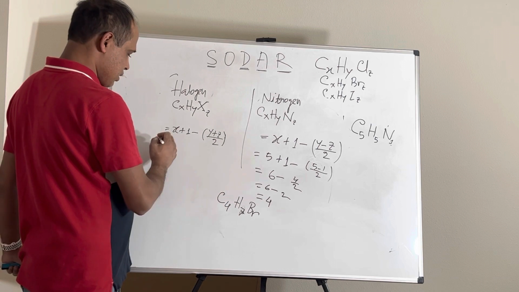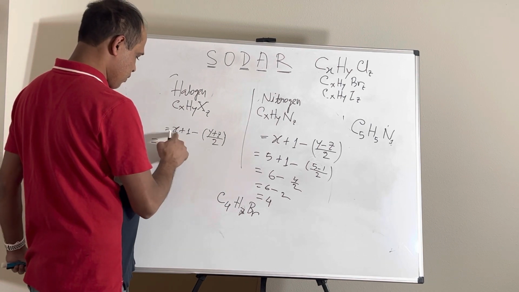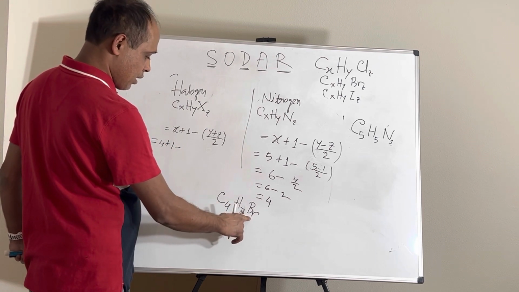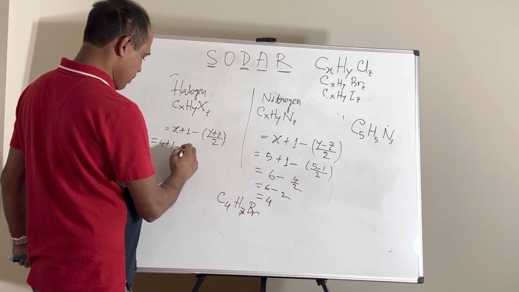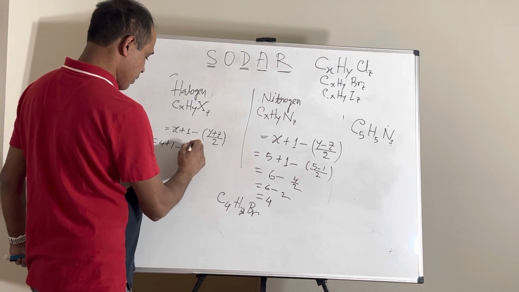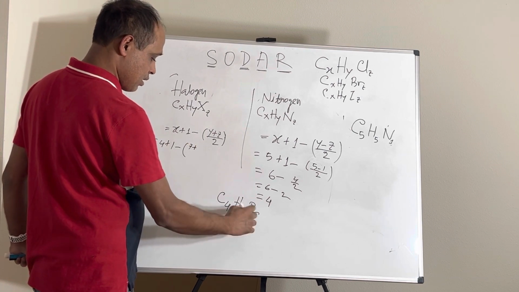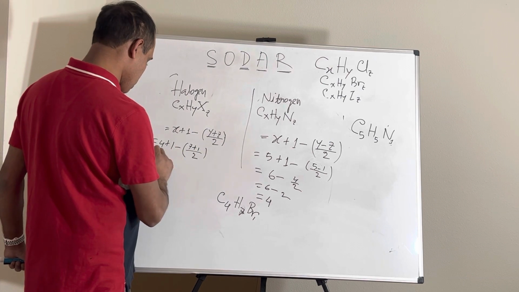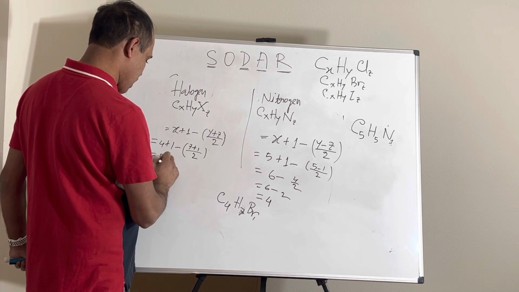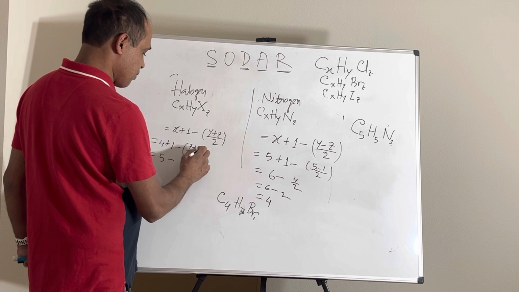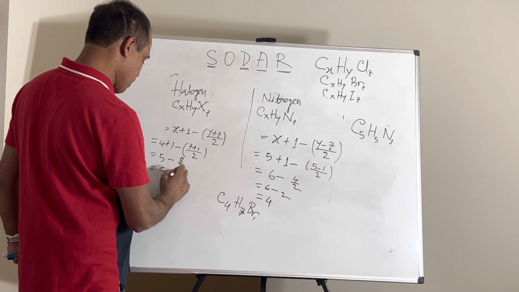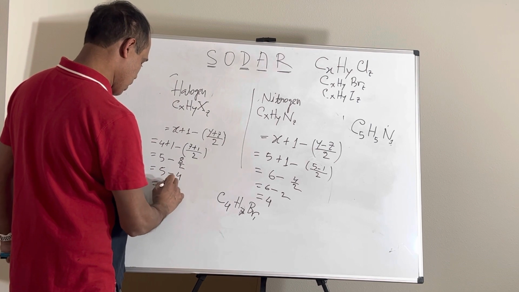Okay, for this, X value is 4, so 4 plus 1 minus, it will be Y plus Z, so Y is 7 plus Z means like here is 1, so 1 divided by 2, so 4 plus 1 is 5 minus 7 plus 1 is 8 by 2, so it will be 5 minus 4 equal to 1.